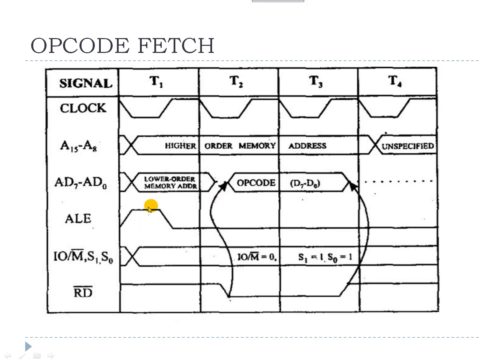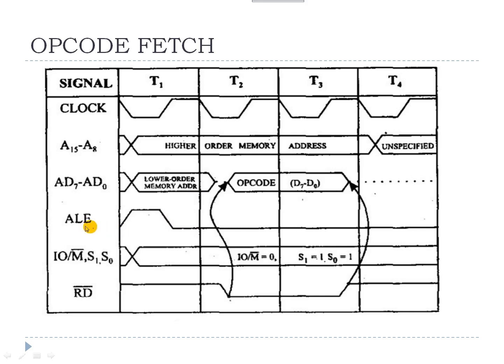So your opcode has to be drawn. While you are drawing AD0 to AD7, you have to keep the ALE in mind. When you are supplying the ALE, whenever this signal is high, AD0 to AD7 will be supplying the address.